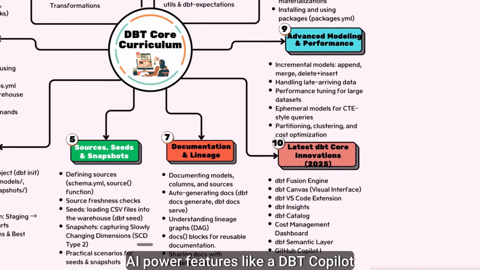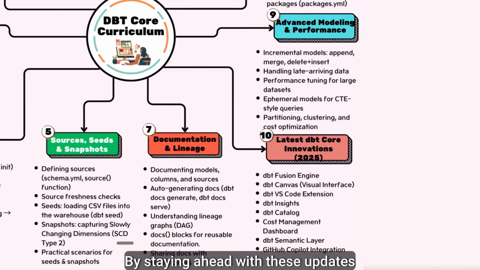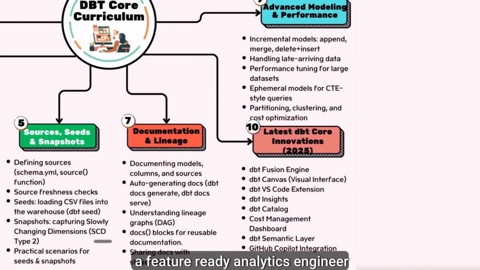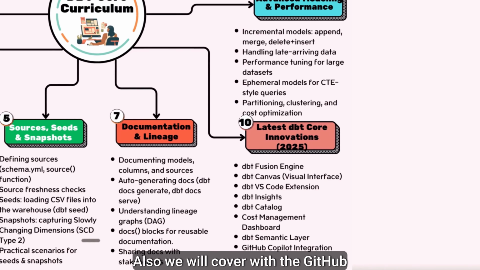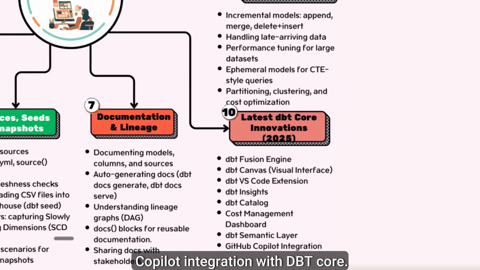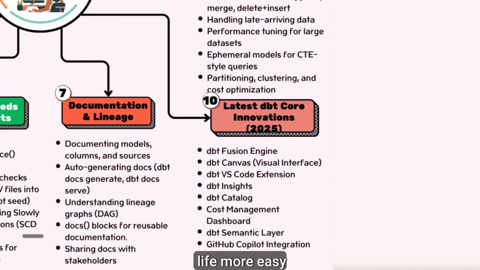AI-powered features like DBT Copilot and Insights. By staying ahead with these updates, you will position yourself as a future-ready analytics engineer. Also, we will cover the GitHub Copilot integration with DBT Core, which makes developers' lives easier.